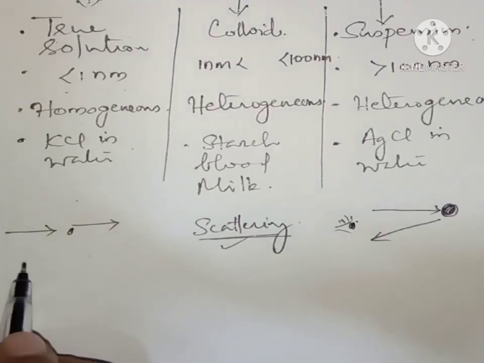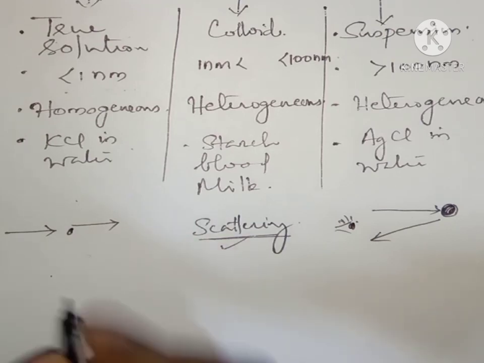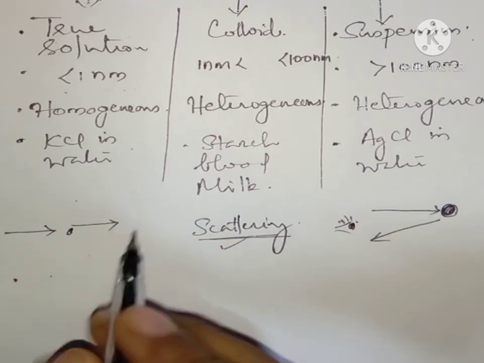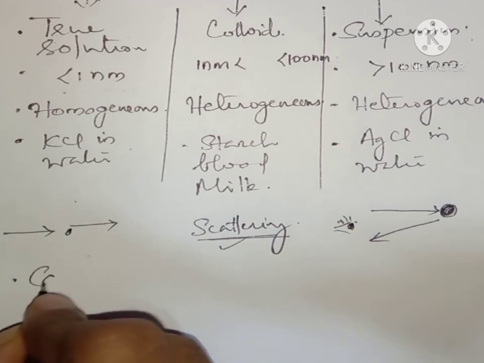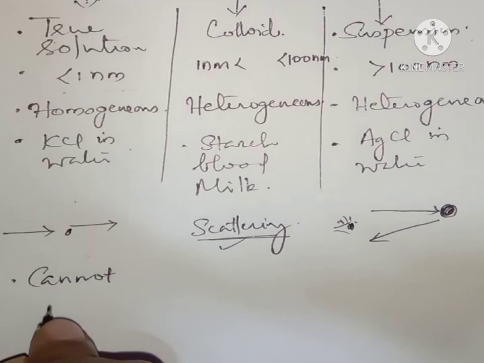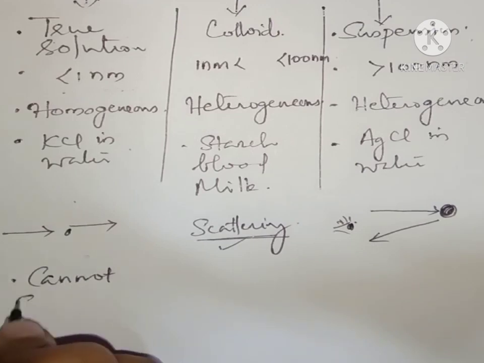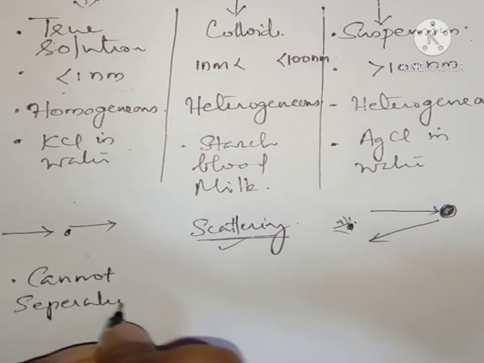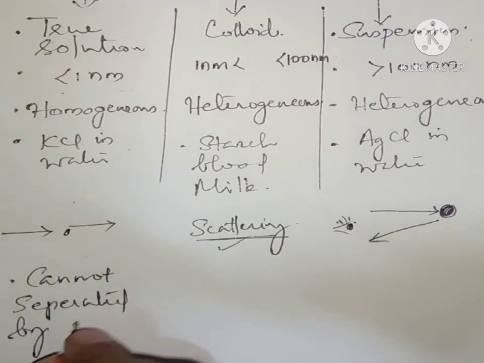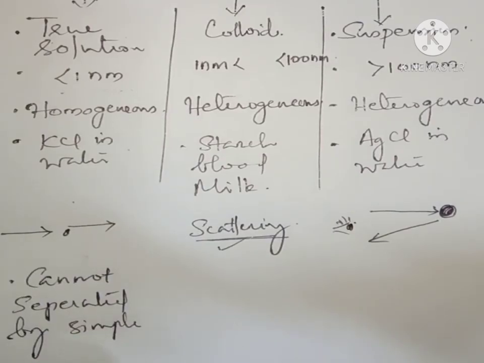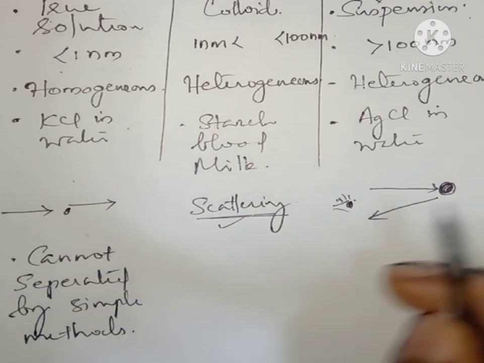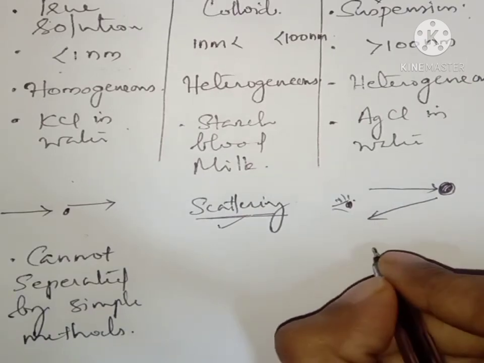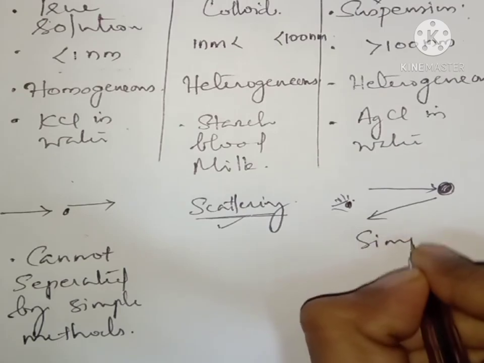Since the particle size is very less in the case of true solution, we cannot separate the individual particles by simple methods. But in the case of suspension, particle size is very large, so simple methods can be used.